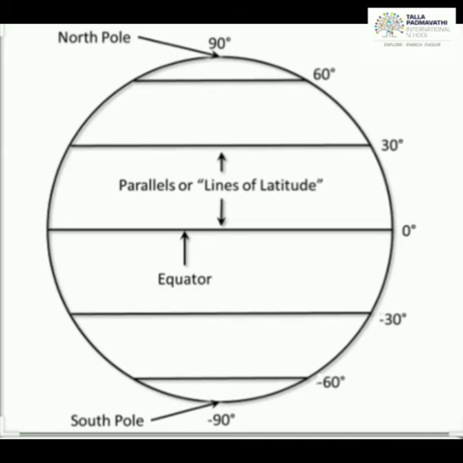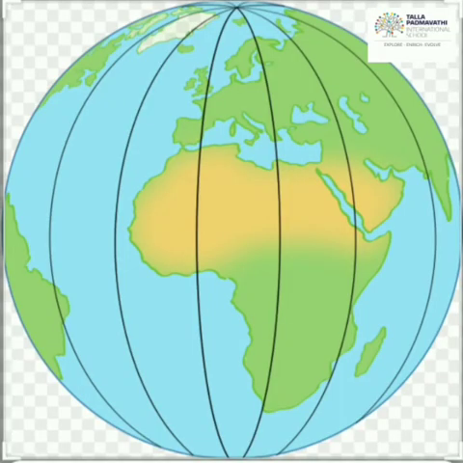In the same way, below the equator, we can say 30 degrees south, 60 degrees south, as well as 90 degrees south. These latitudinal lines are also called parallel lines, or lines of latitude. And now let us go on to know about the longitudes.